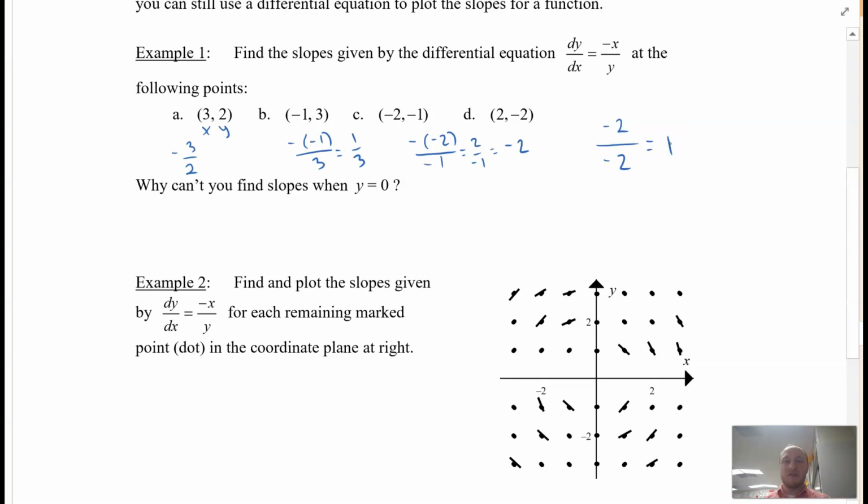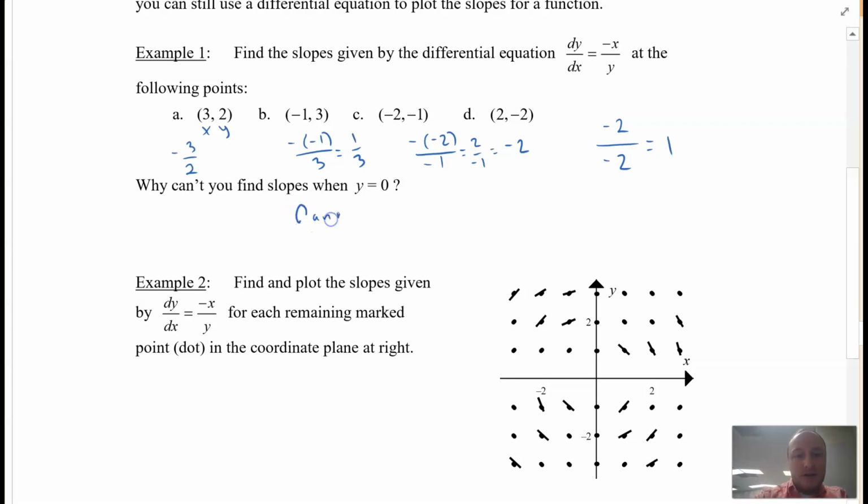So this represents the slope for a function at different points. Depending upon the point, the slope could be different. Here it says, why can't we find the slope when y is equal to 0? Well, for this particular equation we have a denominator of 0, and we cannot divide by 0.